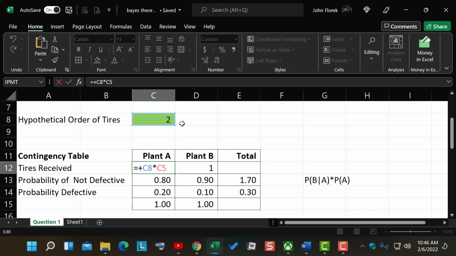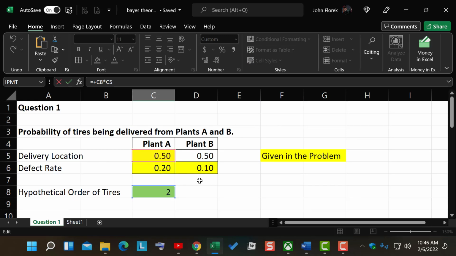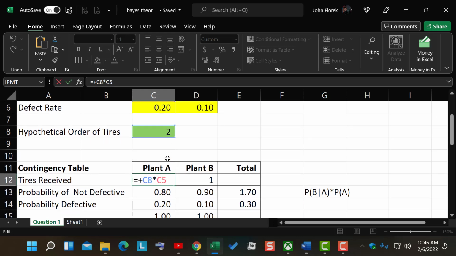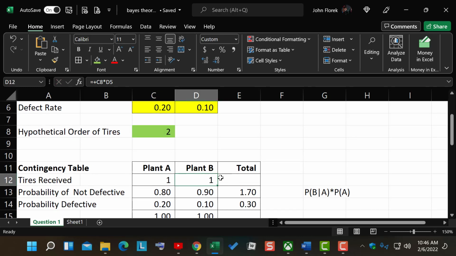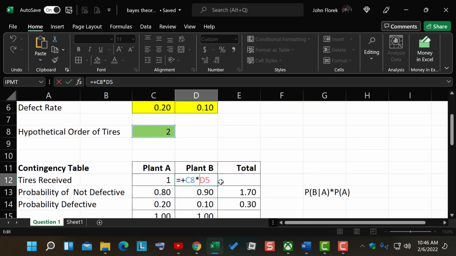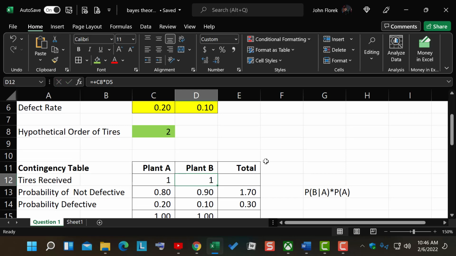Click here and see that highlighted. The number of tires times the percentage of the time the tires come from plant A. And here too is the percentage of tires that come from plant B. So of course it's 1 and 1.